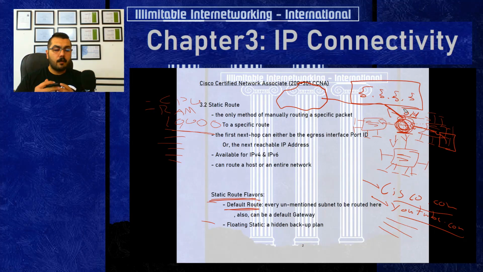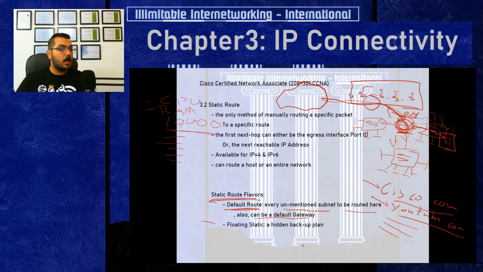The config of a default route is only one single command that we will see in the lab section. Every unmentioned subnet will be routed using the default route, and it can be a default gateway. The gateway, which is my next hop, my next step taken from this router, will be the internet, or maybe the edge router of my company.